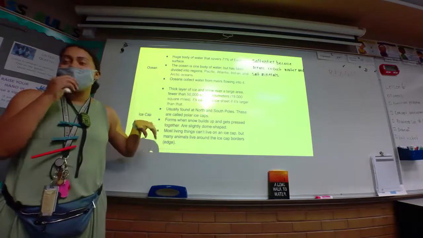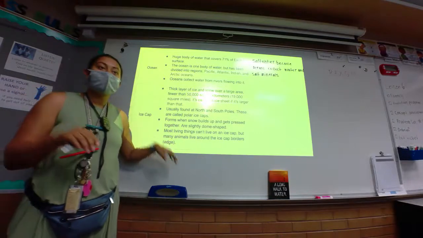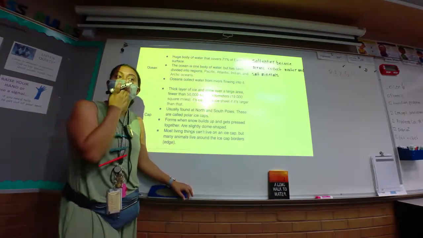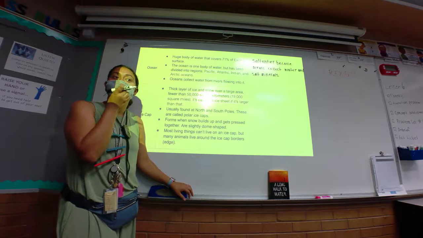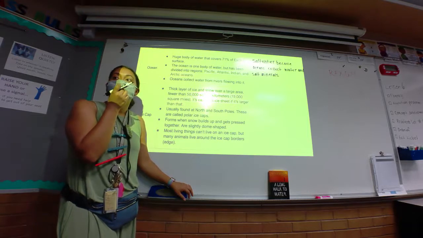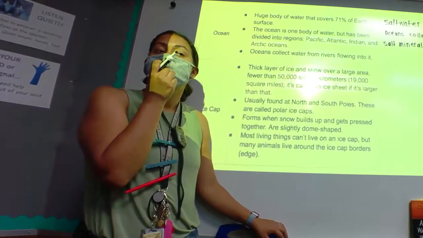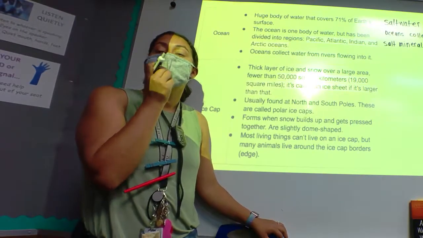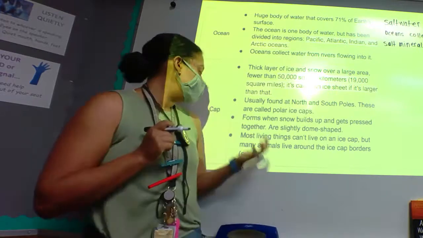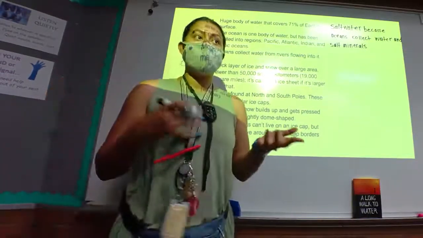Ice cap, salt water or fresh water? Sophie? If there's salt in it, the ice would melt. But nothing can break salt. Fresh water. So what is snow made out of? How does some snow form?